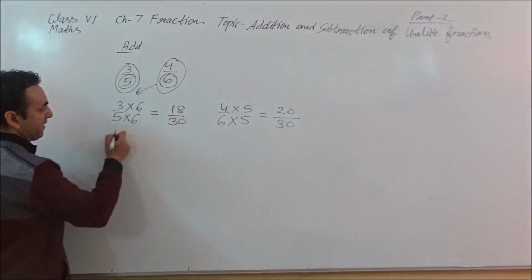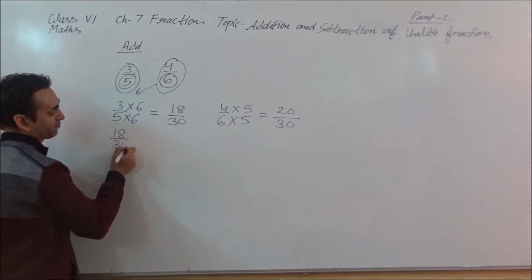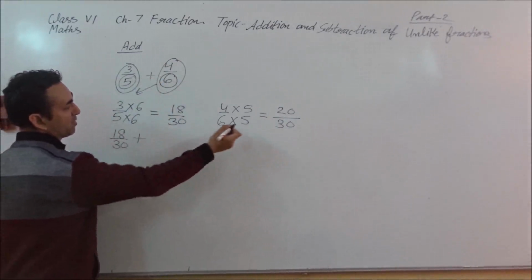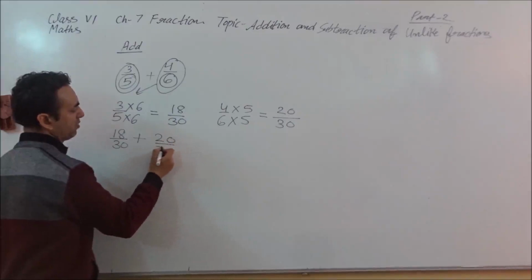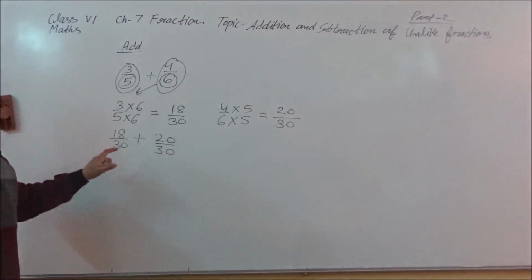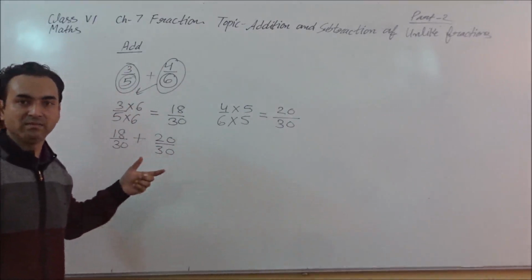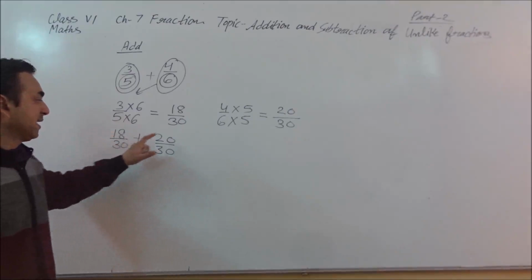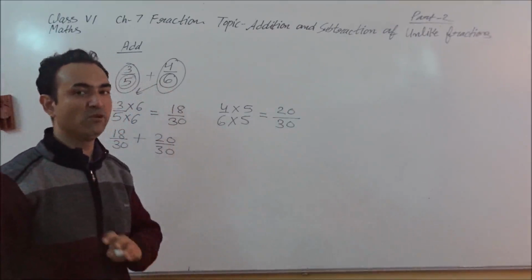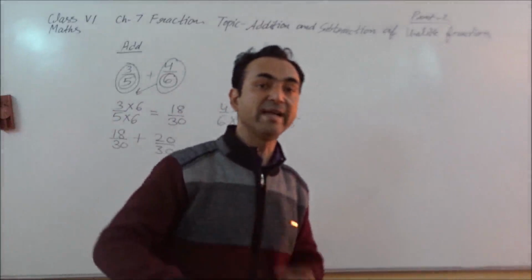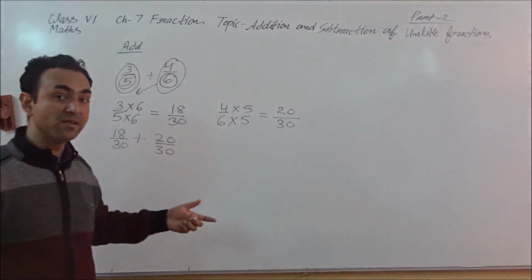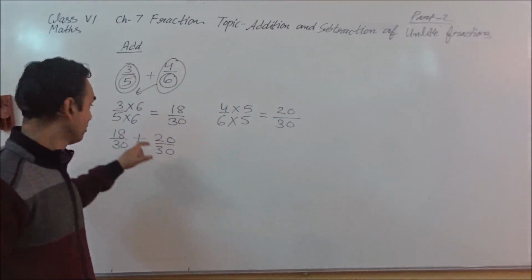So you get 18 upon 30, and we have to add, so we write here plus 20 upon 30. So these fractions are actually equivalent fractions of the given fractions, right? So 18 upon 30 and 20 upon 30 are the same fractions. We have not changed the fractions. We have found the equivalent fractions. And you know the equivalent fraction concept? Remember in the previous video?